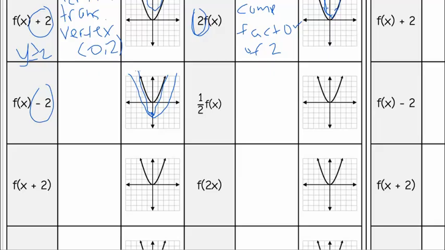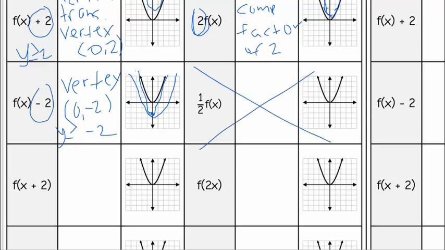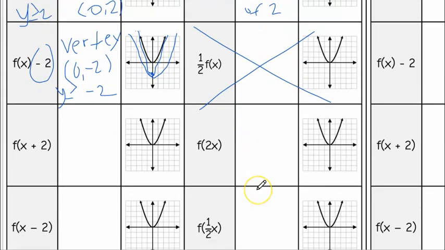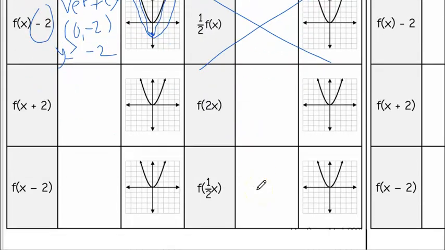All right, and then this is called another vertical transformation. But the vertex will be at (0, -2), like that. And of course the range is y greater than or equal to -2. Okay. Let's skip this one. We're not going to see the compressions too much. I want to do the ones that we do see.